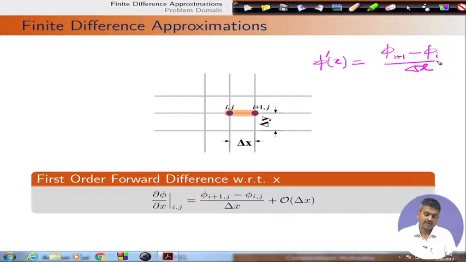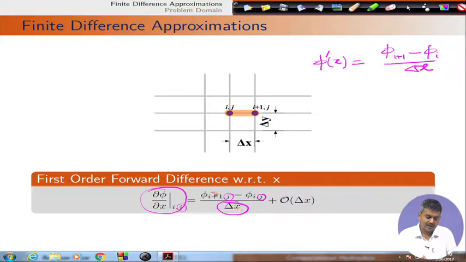In this case, we are using the same concept and extending it to partial derivatives, and in case of partial derivatives we need to consider the second independent variable, and there is no change in that independent variable because this is a derivative with respect to a particular independent variable x.